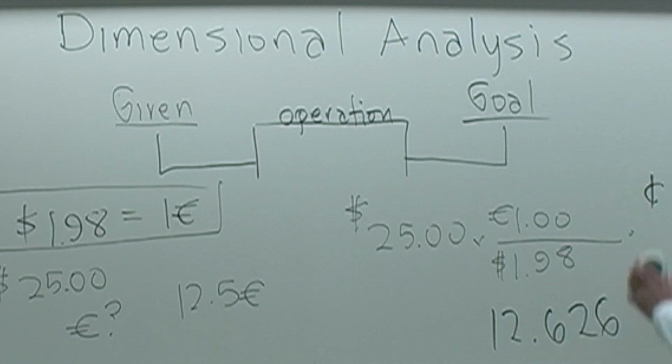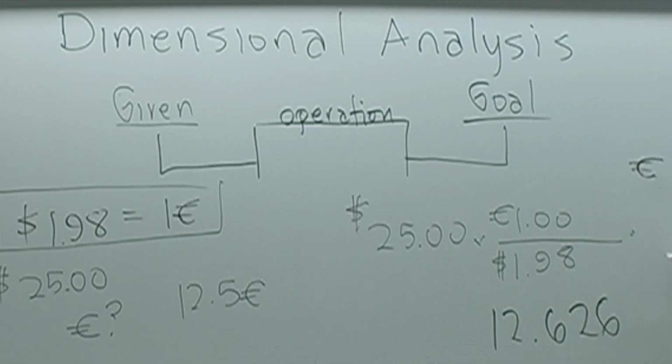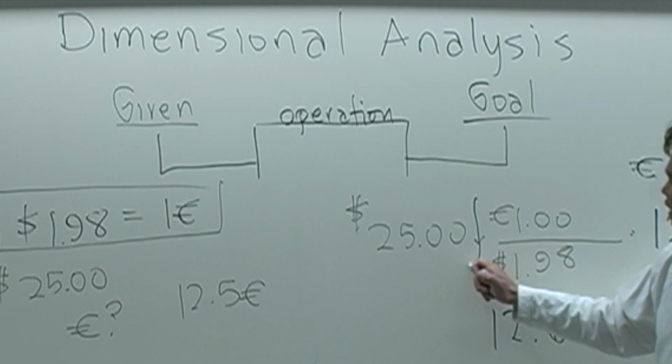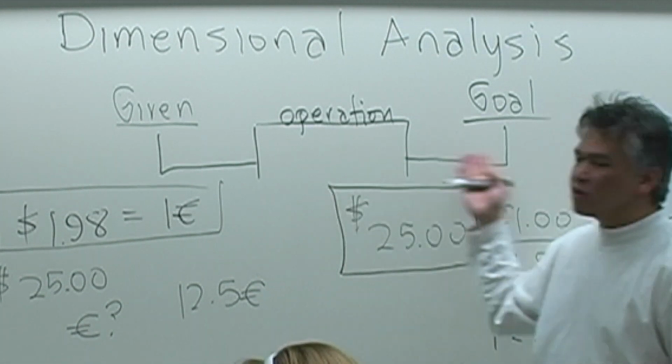Right, cents, not using this symbol. 12 euros and 63, whatever they call cents in euro. 12.63 euros. And if you take a look at what we just did, we did basically this operation right here.